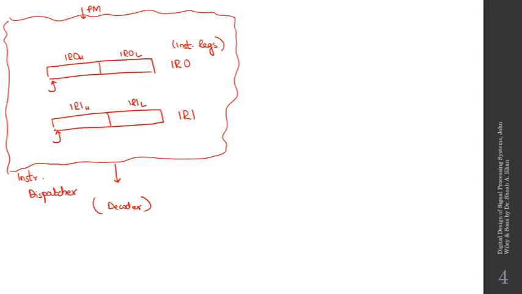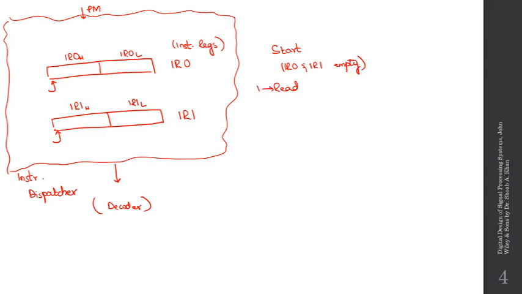Now let's just start off with the very first iteration. When the system starts, both IR0 and IR1 are empty. So at the first clock cycle, we need to read the data.